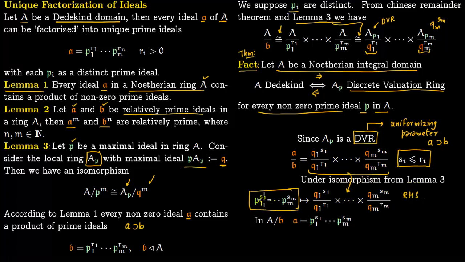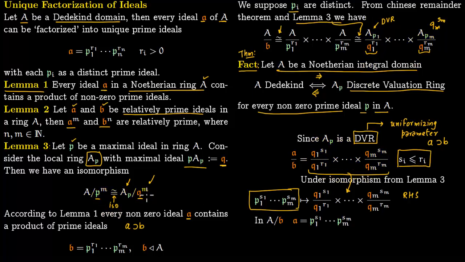So this P1 S1 times P2 S2 all the way to PM SM will get mapped to something like this, and this is precisely from here, because each of these P's gets mapped to the same power of Q in the localized ring. So once you localize it, each of these PM is getting mapped. There's an isomorphism here if you localize things, and this is coming from here, which is a localized ring here.